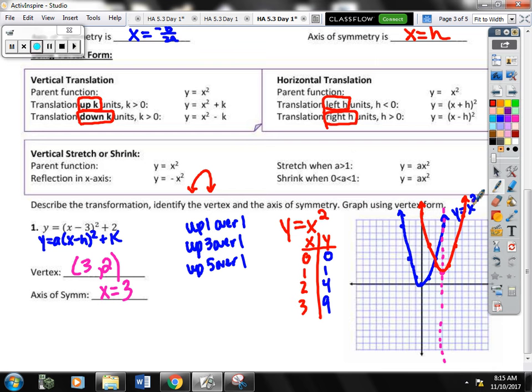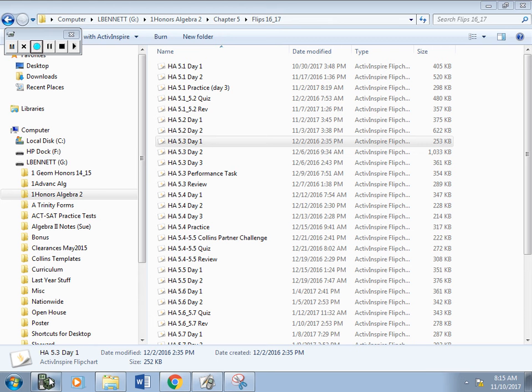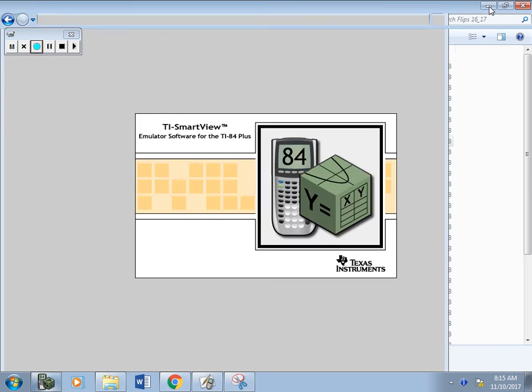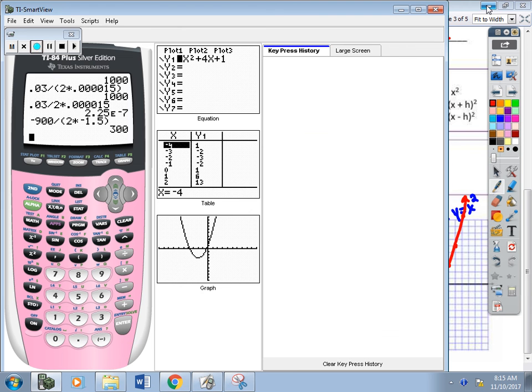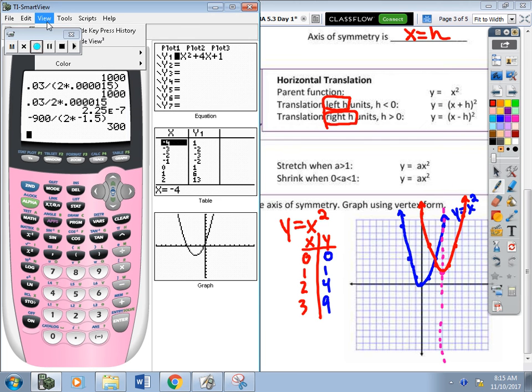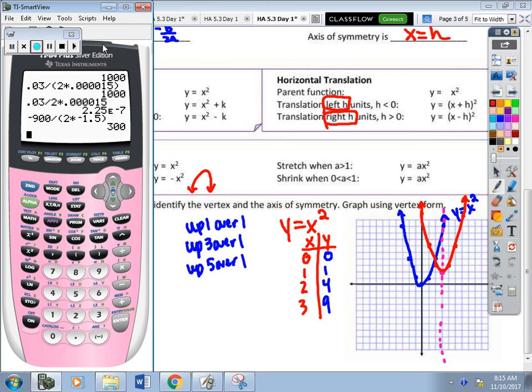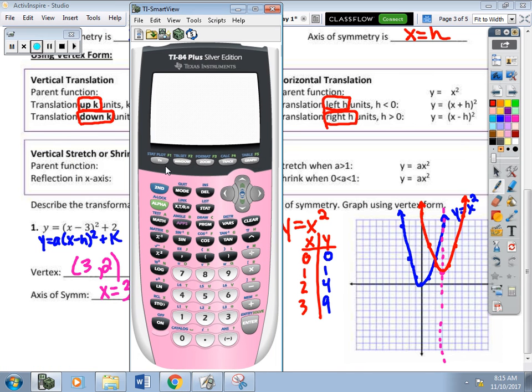Now, could we also use our graphing calculator to get the table of values? Yes. So you can type this in your graphing calculator just like we have been doing in the past. You just type it in exactly like you see it. So we would press our y equals button, clear out anything we have.